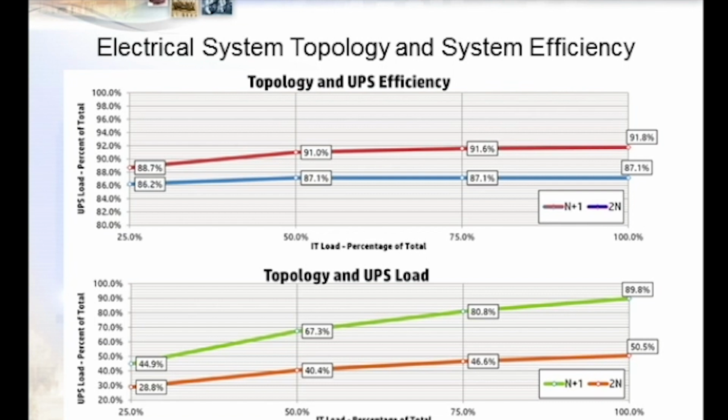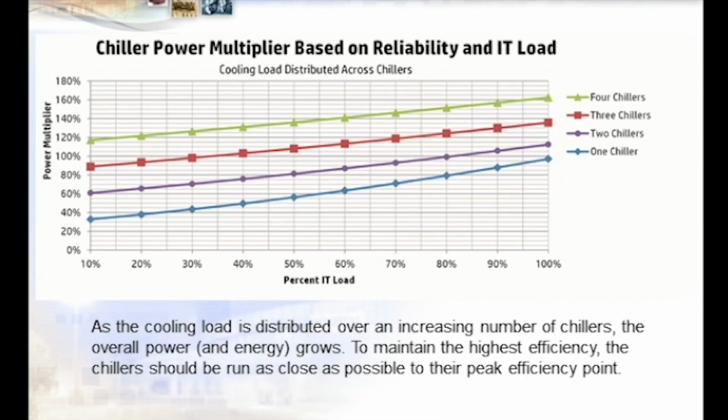But on the bottom graph, we start to see that the UPS load really is a factor of the reliability. So in the 2N system, as I mentioned, we may not have more than 50% of the maximum rated capacity of the UPS modules, just by the nature of the failover capacity. And all of these things will affect, based on the curve in the previous slide, the overall losses through the UPS modules.